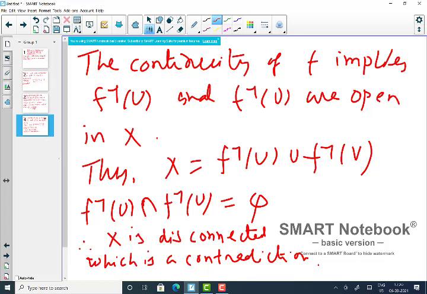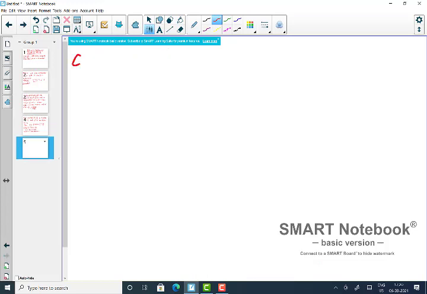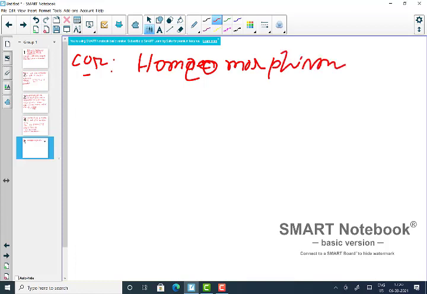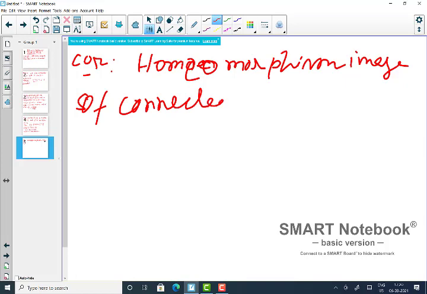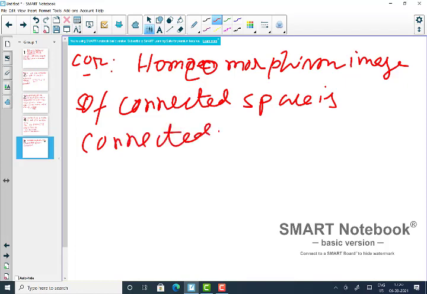So this is a very important theorem. In particular, as a corollary you can say that the homeomorphic image of a connected space is connected, because homeomorphisms are also continuous functions, right?